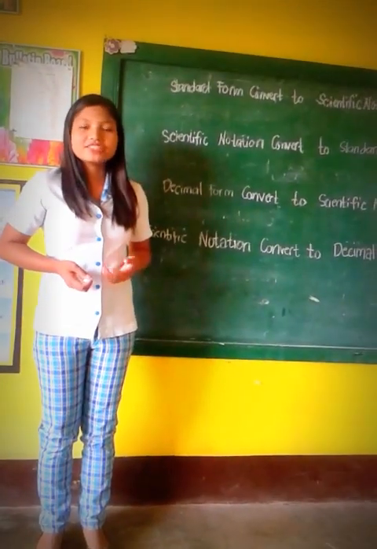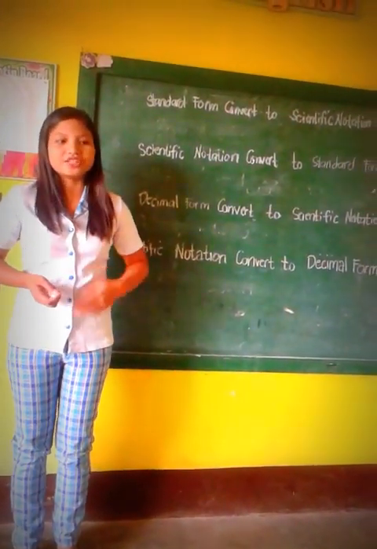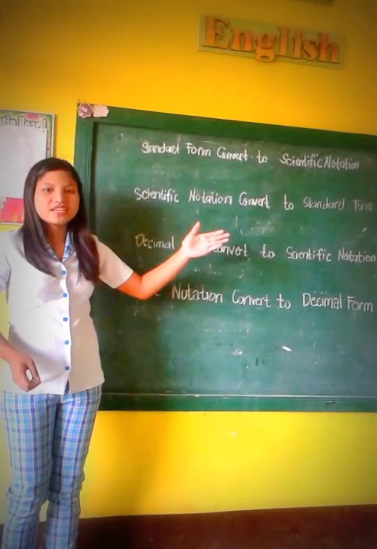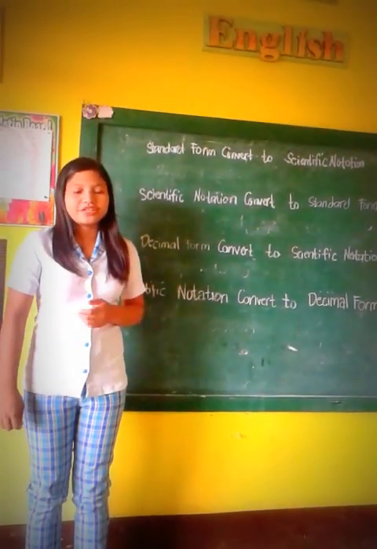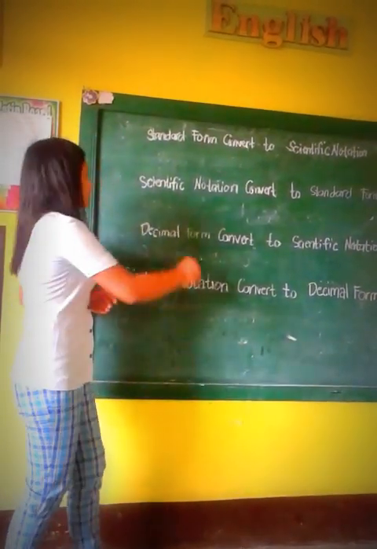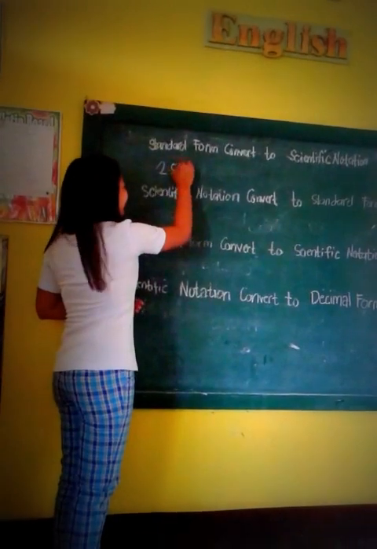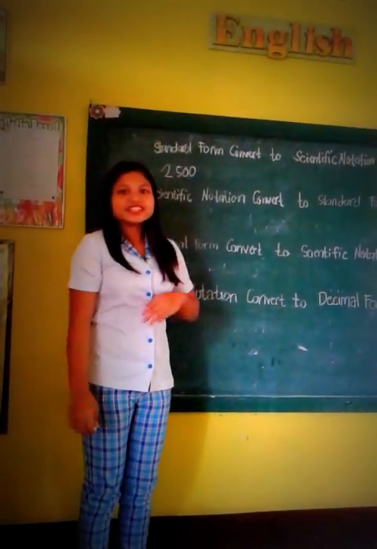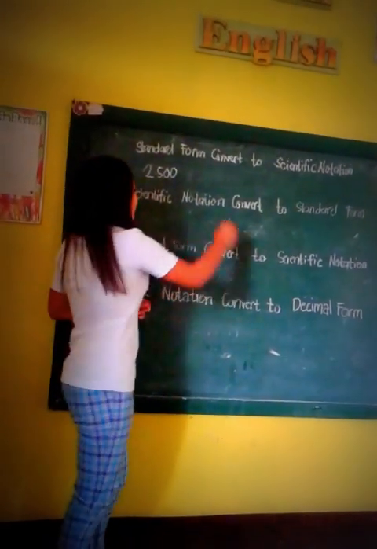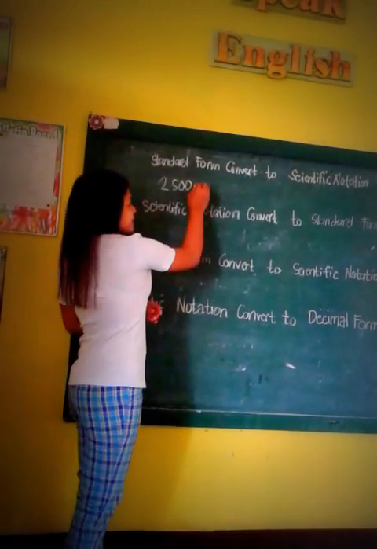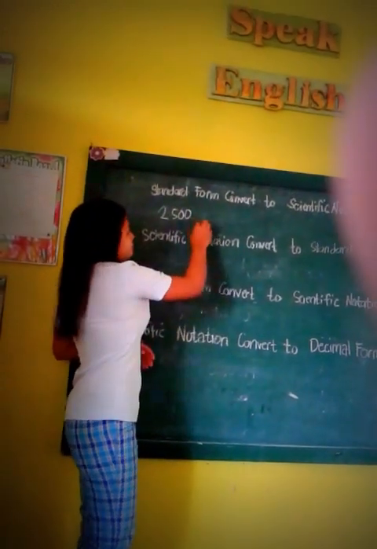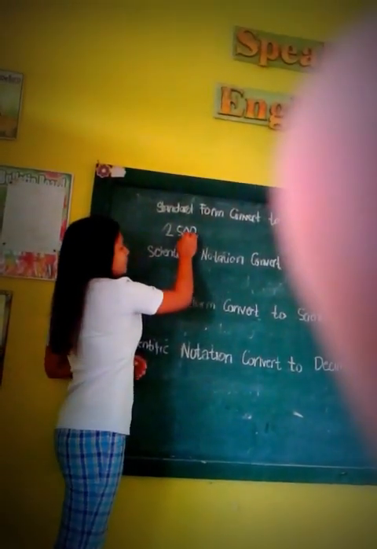This time I am going to discuss the steps of scientific notation. Step number 1 is converting standard form to scientific notation. I have a problem situation here. If you have money in your pocket worth 2,500, the thing that we are going to do in order to convert it into scientific notation is, you have a point here, so you must move it three places. 1, 2, 3.